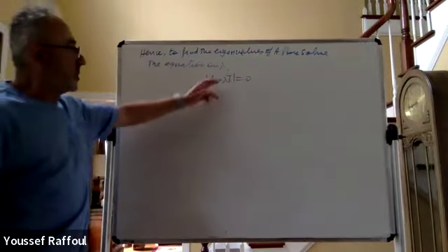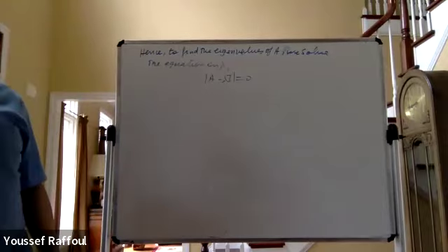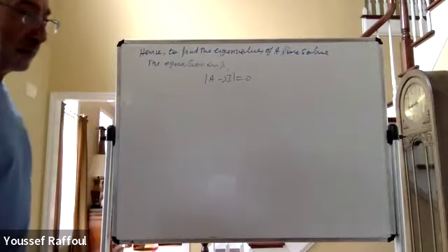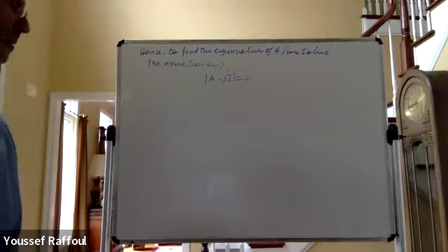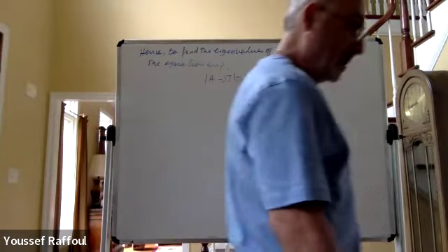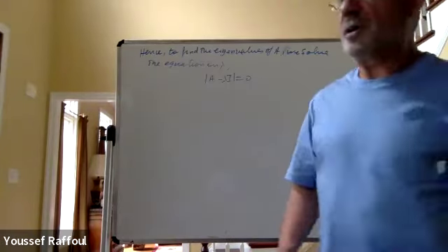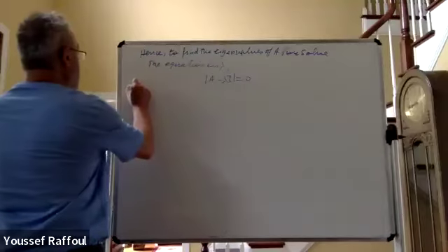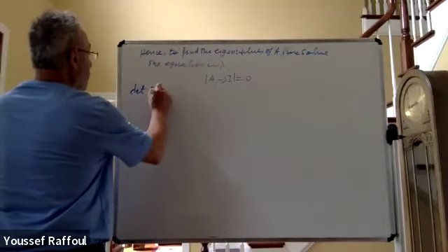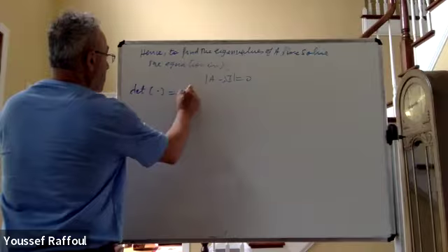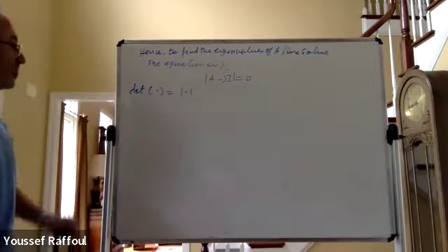This notation, parallel lines, means the determinant. This is the notation I'm using.